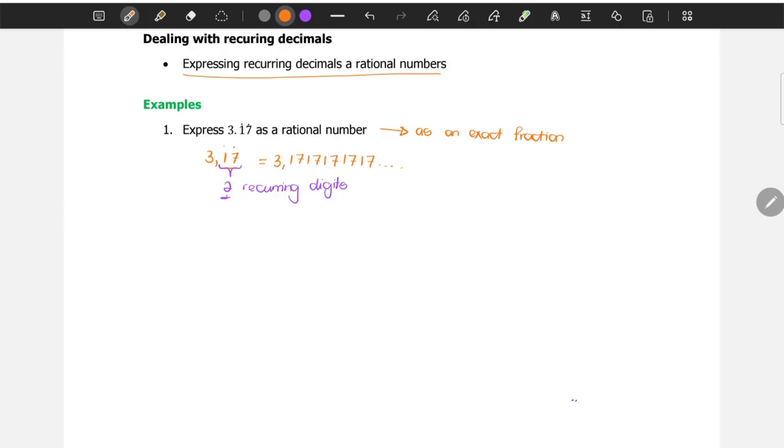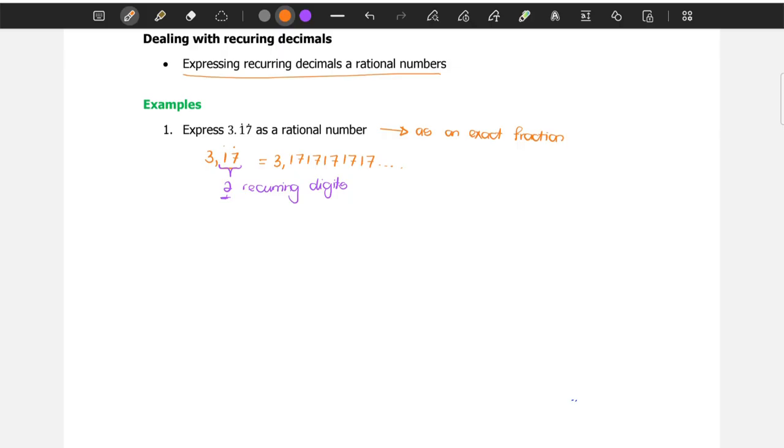So we want to take it from decimal format to fraction format, without using a calculator in this case. This is one of the methods of how you can solve this. There are different ways that can be used, but this is one of the approaches that you can use.